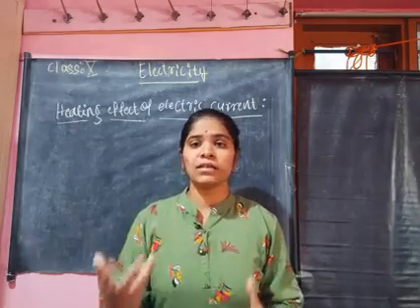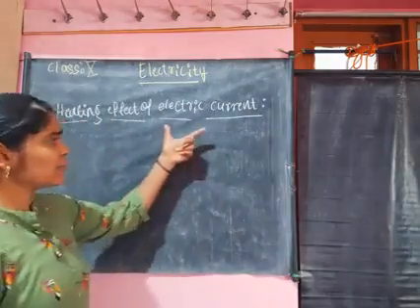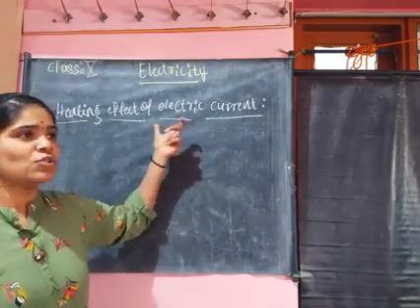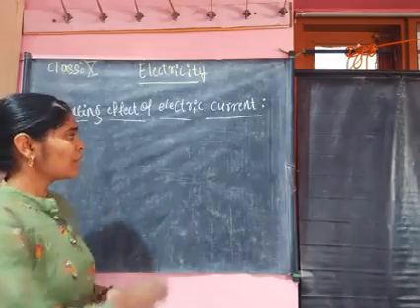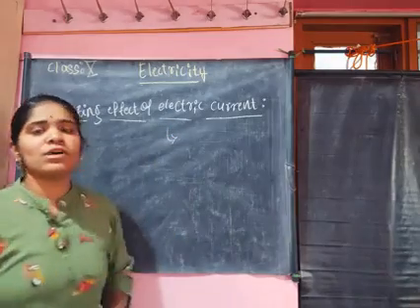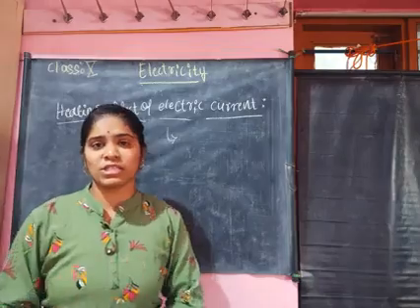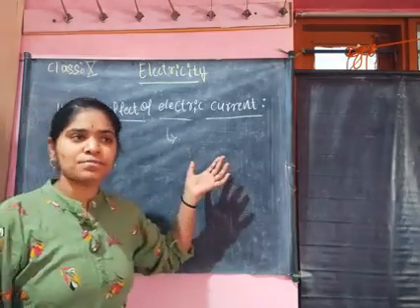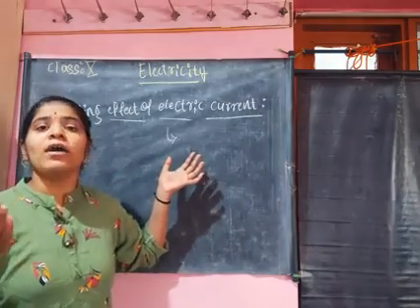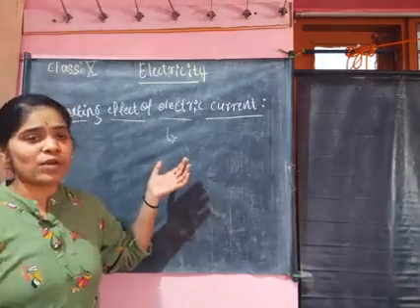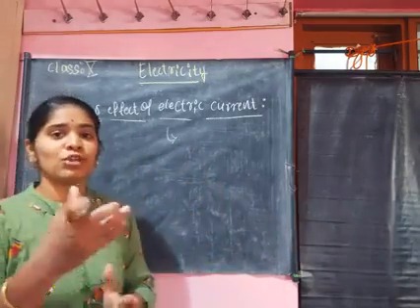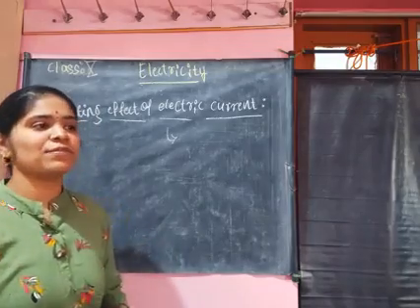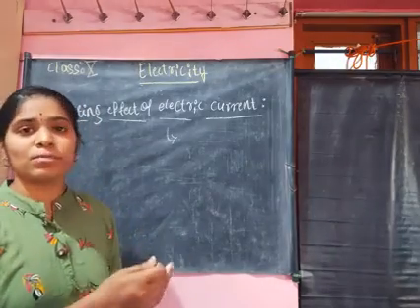That heat is what we call the heating effect of an electric current. It has some advantages as well as disadvantages. The advantages are its use in electrical appliances, for example, as I told, the water heater and microwave oven. In all those cases, the heat is converted into a useful form and used for our useful purposes.